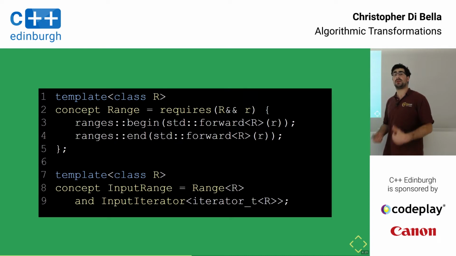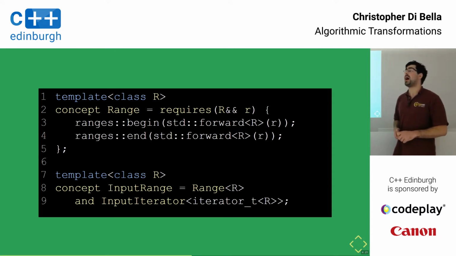And if we call end on this range, then it returns a sentinel that indicates where the stopping point is. And I think this will go back to what you were asking about as well. So what end does is it doesn't return the last element, it returns something that indicates there are no more elements in the range. We stop once begin is equal to end. Does that answer the question? Yep. Wonderful.